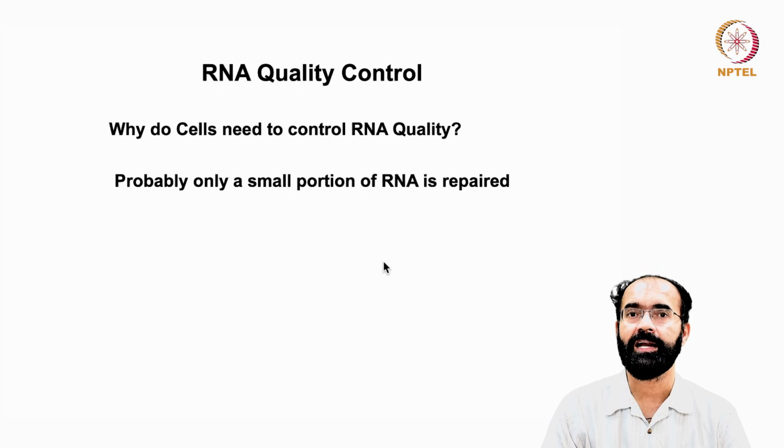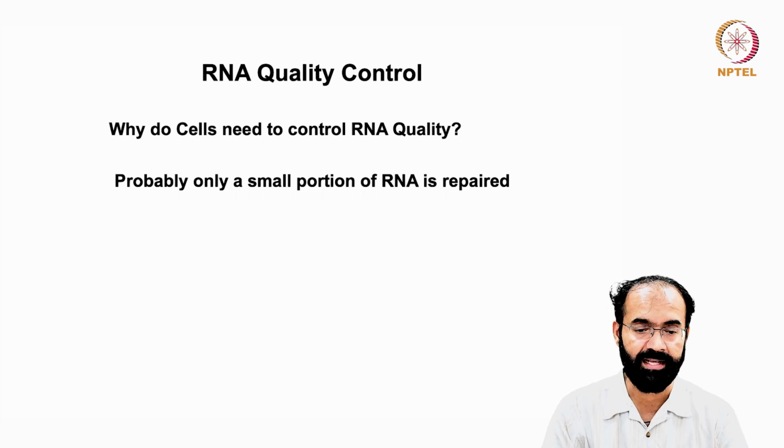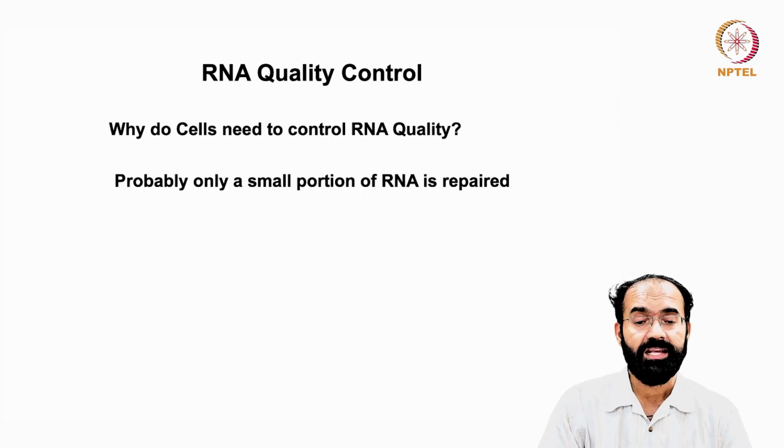In the same way, RNA is maintained very stringently by quality control at every step. So we can ask the question, why do cells need to control RNA quality? I don't think I need to discuss this, because by now you know how important RNA is, how important a given sequence of RNA is. Only a small portion of RNA is repaired.